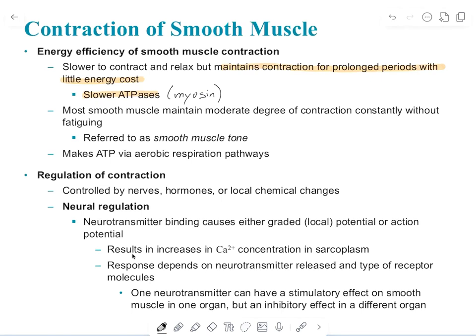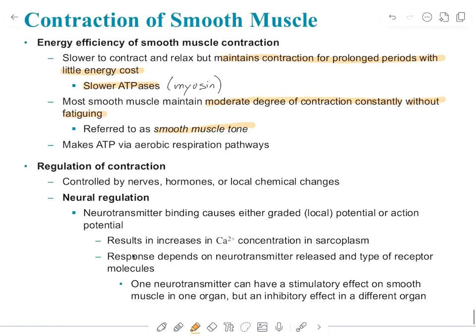That's really good because, for example, the colon can maintain this contraction for a long period of time. Smooth muscle maintains a moderate degree of contraction constantly without fatiguing, and this is referred to as smooth muscle tone. And it makes ATP mostly via aerobic pathways.